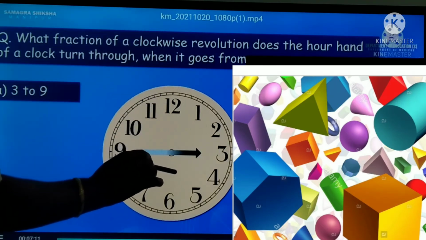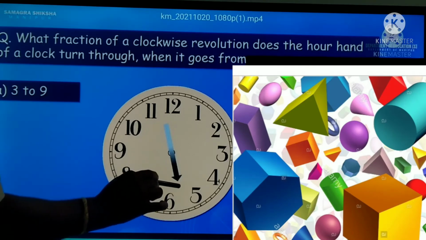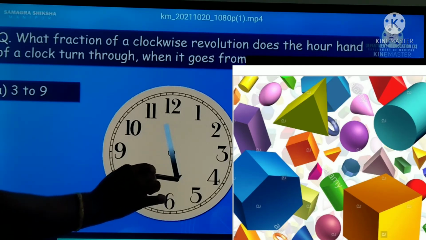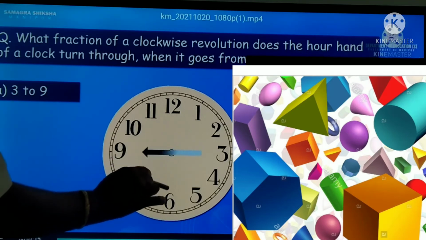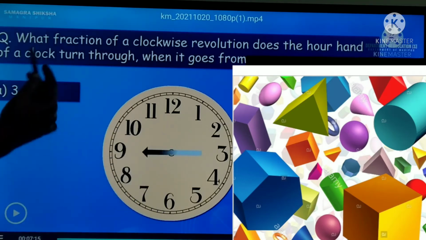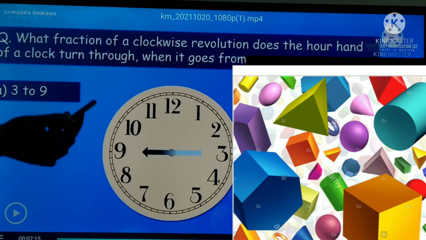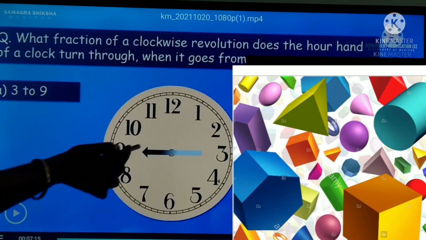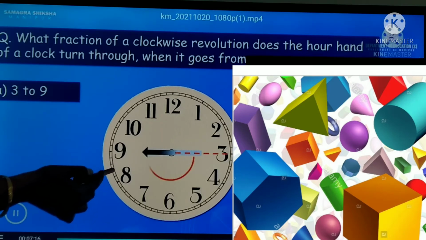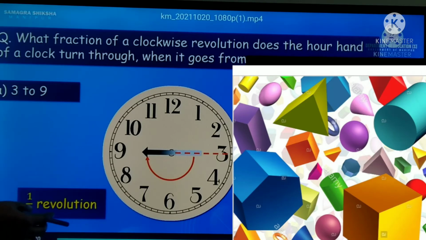What fraction? 3 to 6 it is 1 by 4. Then 6 to 9 it is again 1 by 4. What is 1 by 4 plus 1 by 4? It is 1 by 2. Yes, quarter plus quarter it is half. So the answer it is 1 by 2. The fraction it is 1 by 2 revolution.